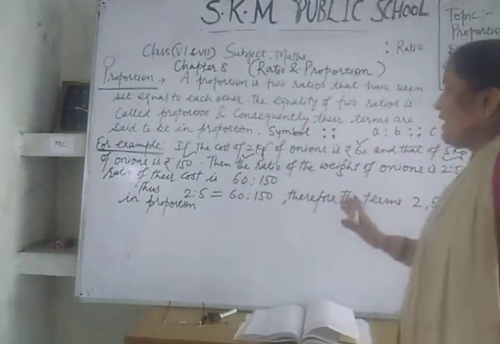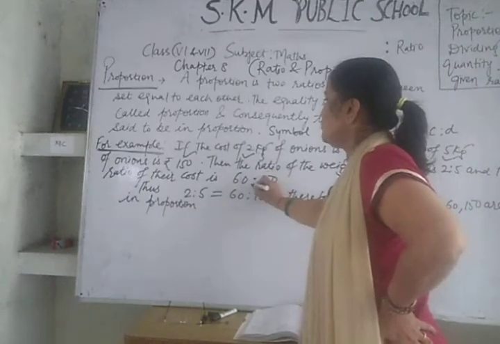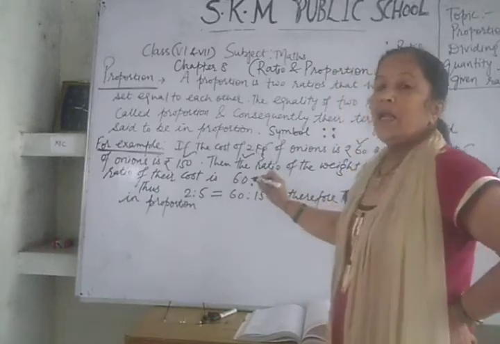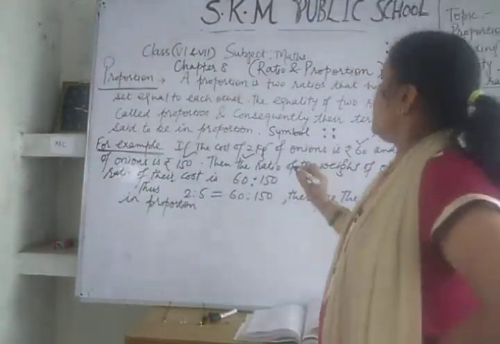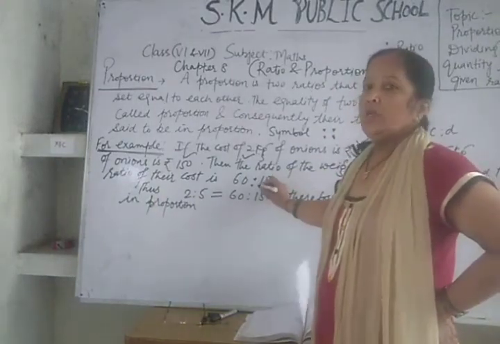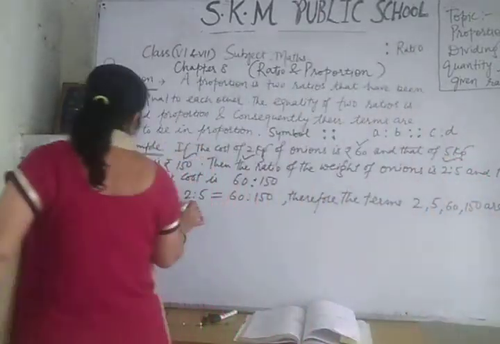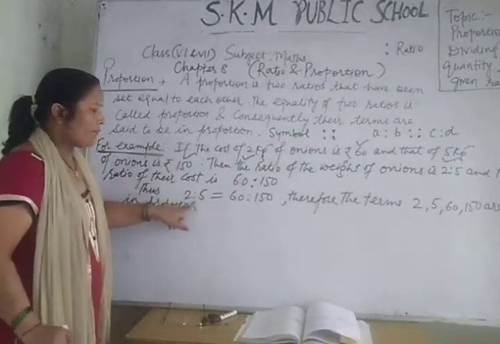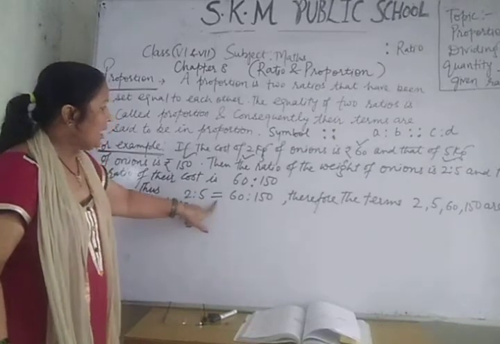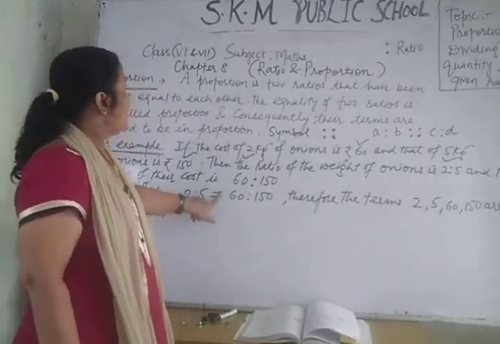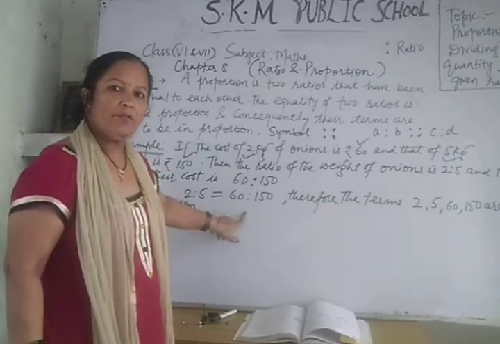This sign mathematically is the ratio sign, and in English it is called colon. So the ratio of the weight is set equal with the other set of ratio.